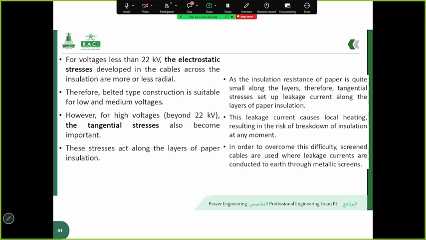For voltages below 22 kilovolt, the electrostatic stress within the cable insulation is primarily radial, meaning that it acts across the thickness of the insulation. This makes belted cable construction suitable for low and medium voltages.